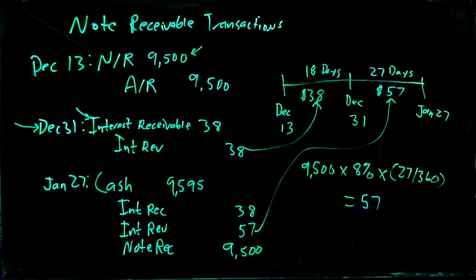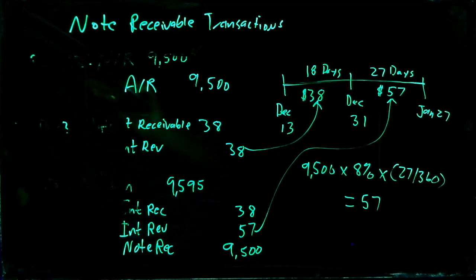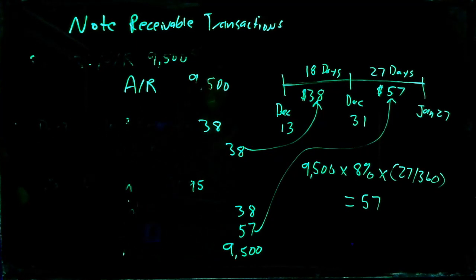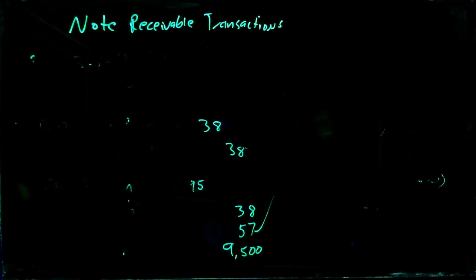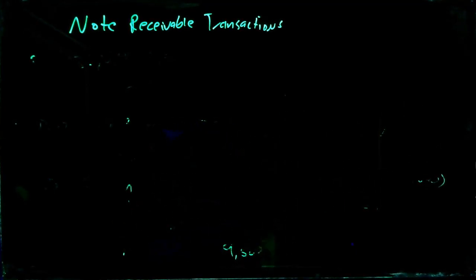So moving forward, in March, we originated a couple more transactions. So in March, they tell us that on March 3rd, we accepted a note. So on March 3rd, we accepted a $5,000 10% 90-day note, granting a time extension on the past due account receivable of the Thomas Company.